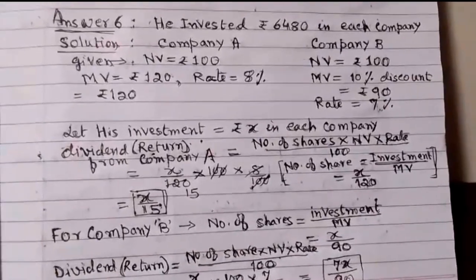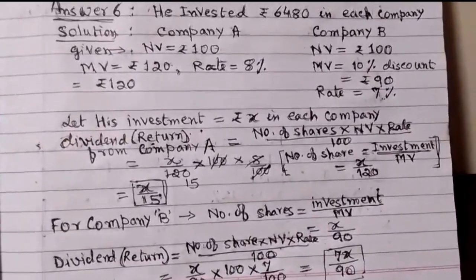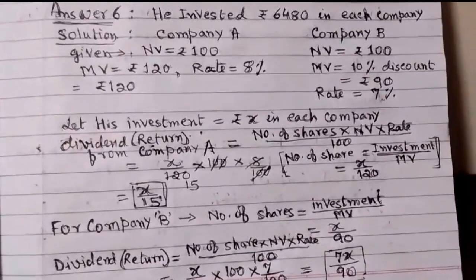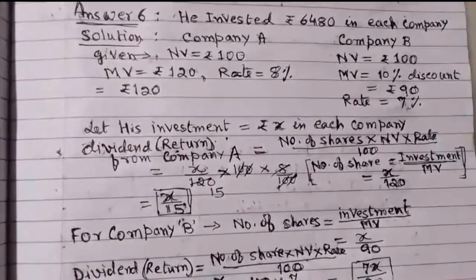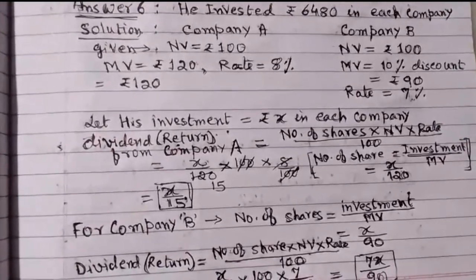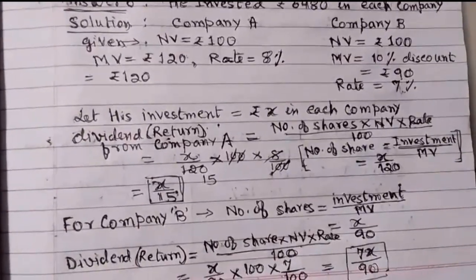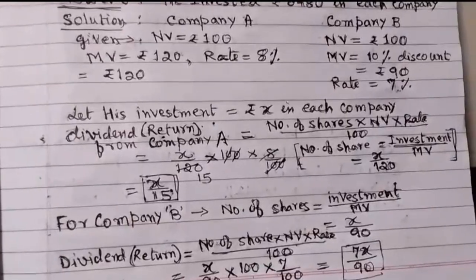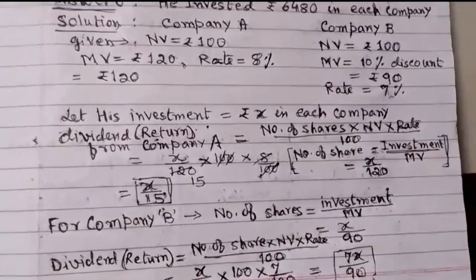Solution to question 6. It is given that a man invests an equal amount on shares of two companies, Company A and Company B. Company A: the nominal value of the share is rupees 100, market value is rupees 120, rate of dividend is 8%.